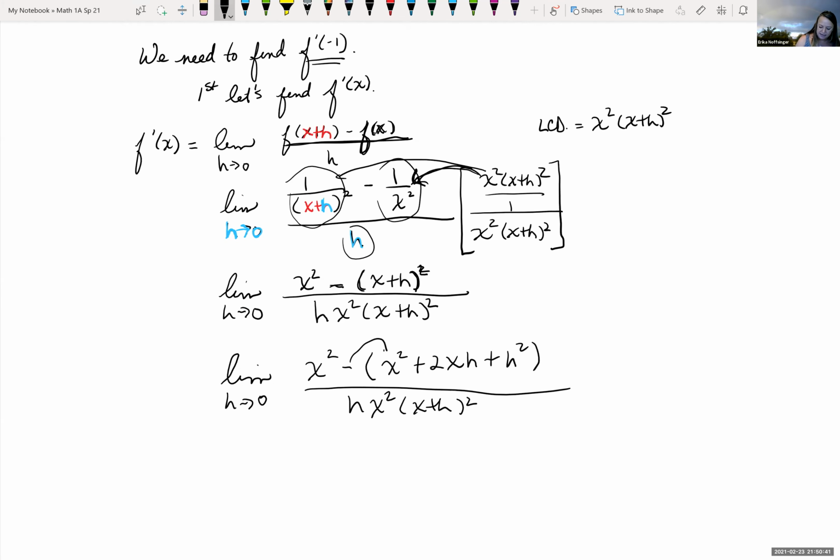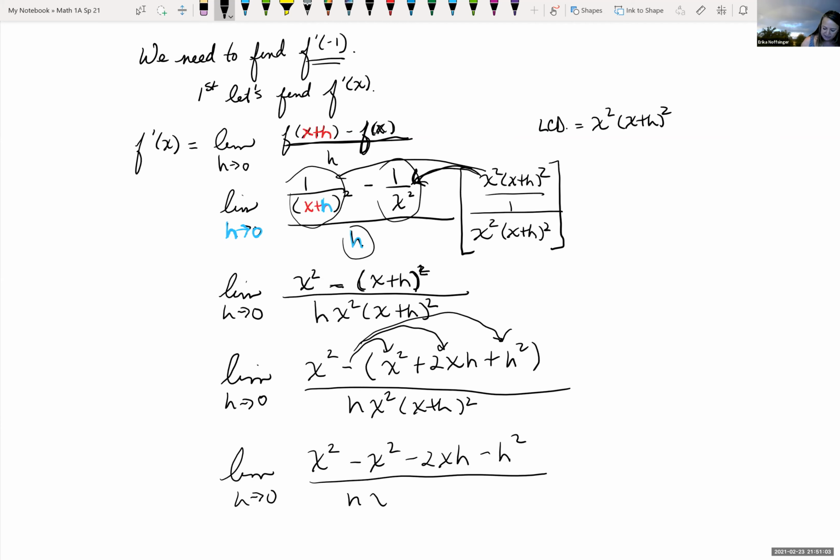So now distribute that negative to each term inside that parentheses in the numerator, and we're left with a limit as h goes to 0 of x squared minus x squared minus 2xh minus h squared, all over h x squared times x plus h quantity squared. You'll be able to see this x squared minus x squared, those cancel.